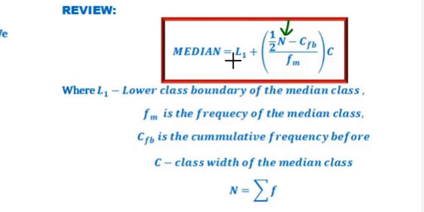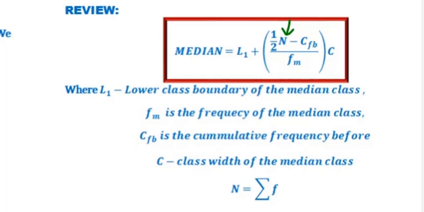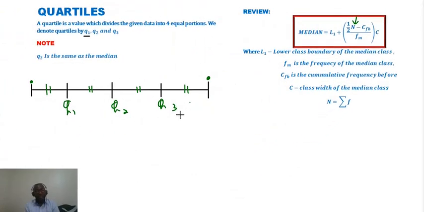Now, we're just going to be modifying this formula here to get Q1 and Q3. We can observe that Q2 is in the middle. So from here up to here, if the whole of this line here is a distribution having n members, then from this point to this point, this is a half n, which comes at this point here.